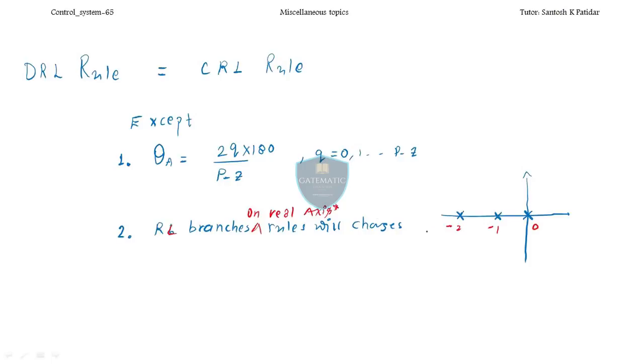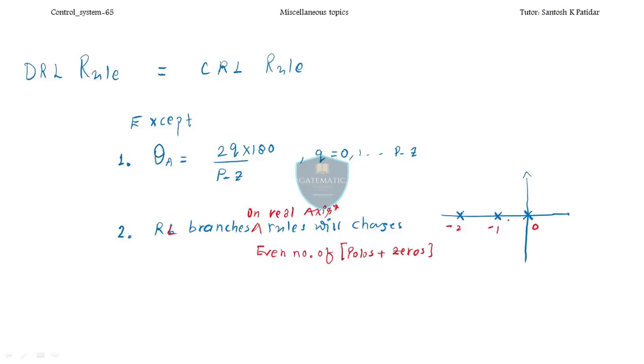Suppose you are looking to find out the root locus branches on the real axis. If you are here, you'll observe into the right plane, and if the number of poles plus zeros is odd, then only there will be a root locus branch. But here you will see the even number of poles plus zeros.